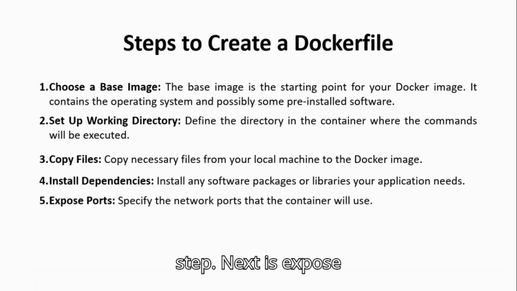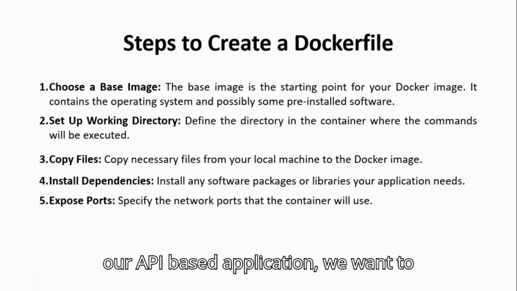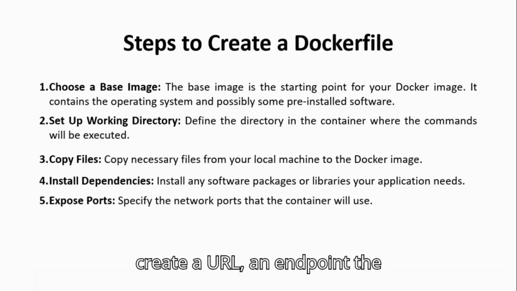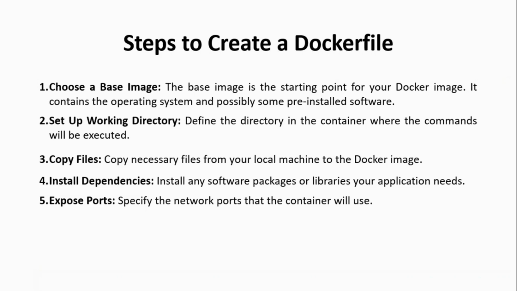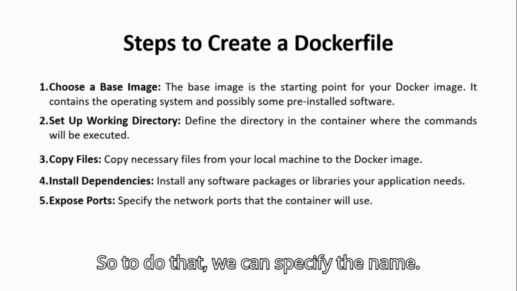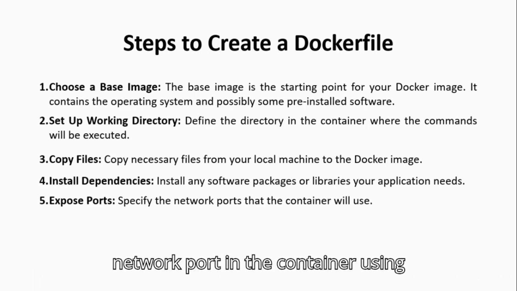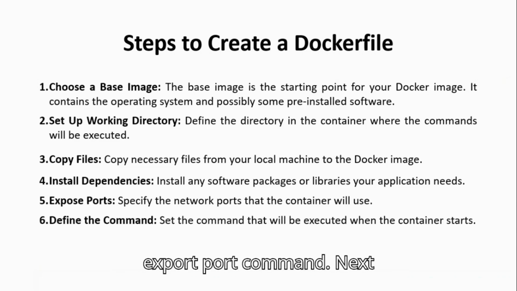Next is expose port. If we are running an API-based application, we want to create a URL, an endpoint the user wants to hit. In that place, we want to expose a port. To do that, we can specify the network port in the container using the EXPOSE command.